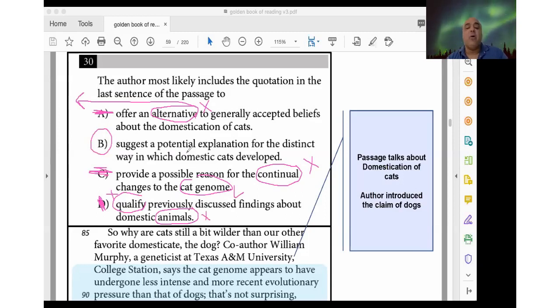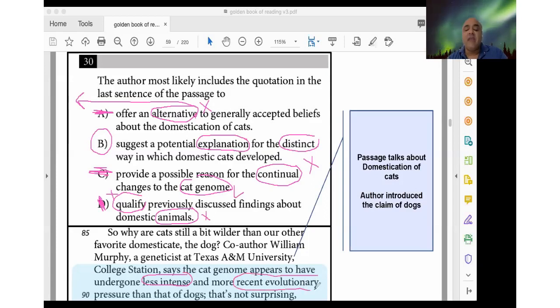Now, we think that choice B is going to be the correct one. Suggest a potential explanation for the distinct, special way in which the domestic cats developed. Yes, he's explaining. Yes, he is supporting. Yes, he is illustrating. How distinct? How special? Yes, he said it is special because it has less intense and recent evolutionary pressure.